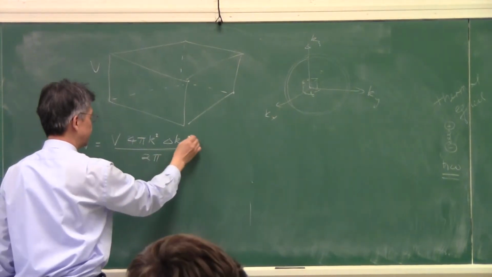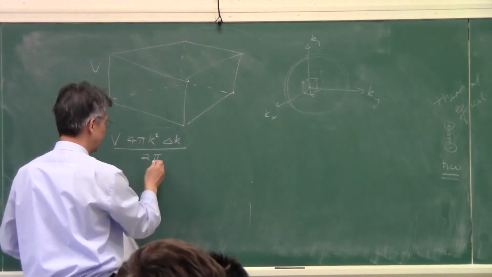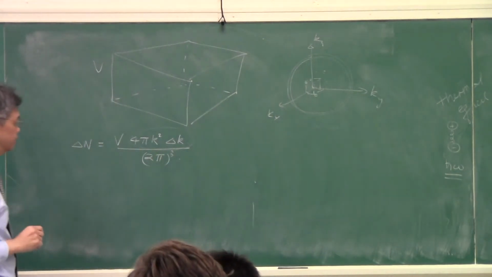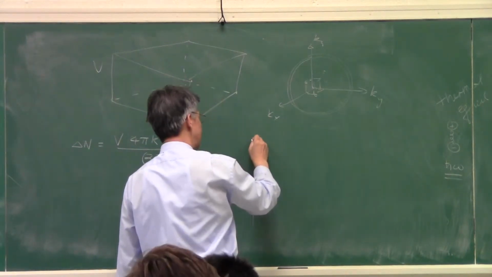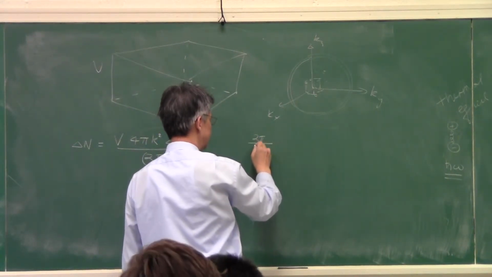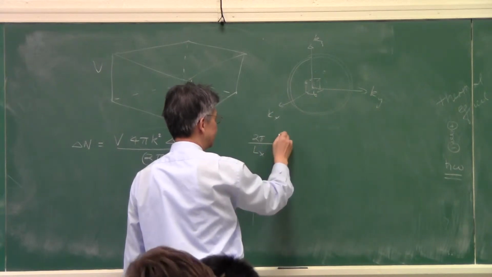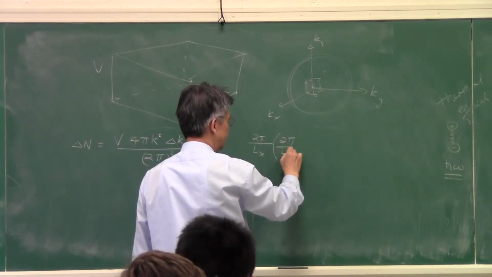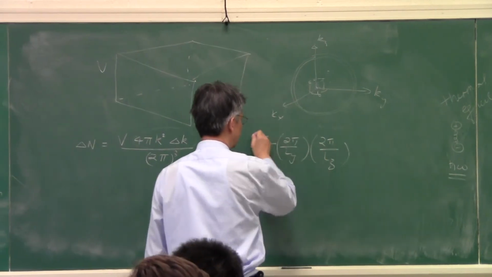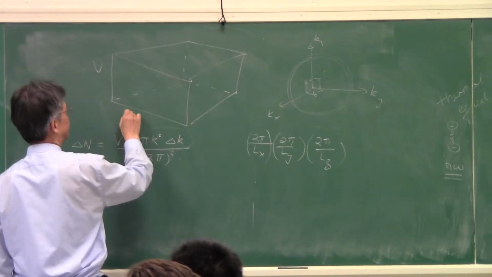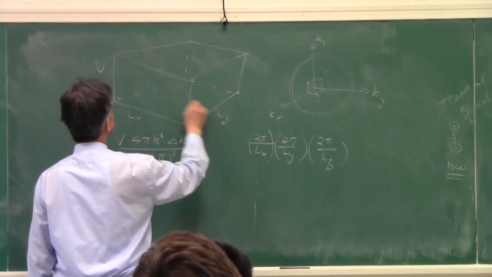This is the volume of the spherical shell, divided by 2 pi cubed. And then the size of each cube is 2 pi over Lx times 2 pi over Ly times 2 pi over Lz.